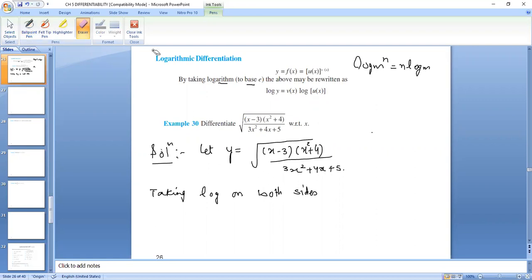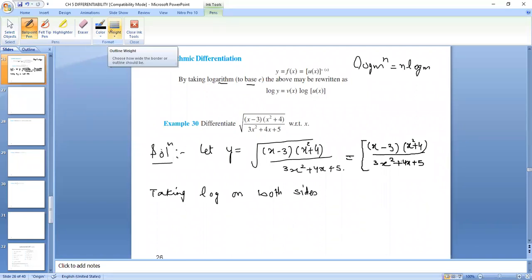We will write this as y is equal to ((x minus 3)(x square plus 4) over (3x square plus 4x plus 5)) raised to power 1 by 2, because root x means power 1 by 2. Square root, I am writing power 1 by 2.